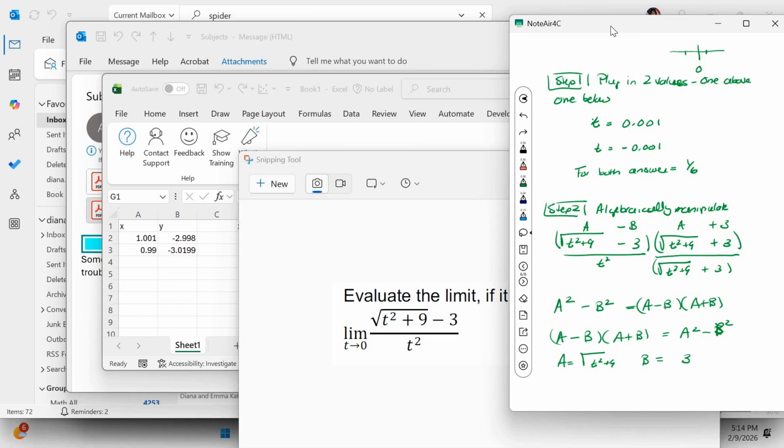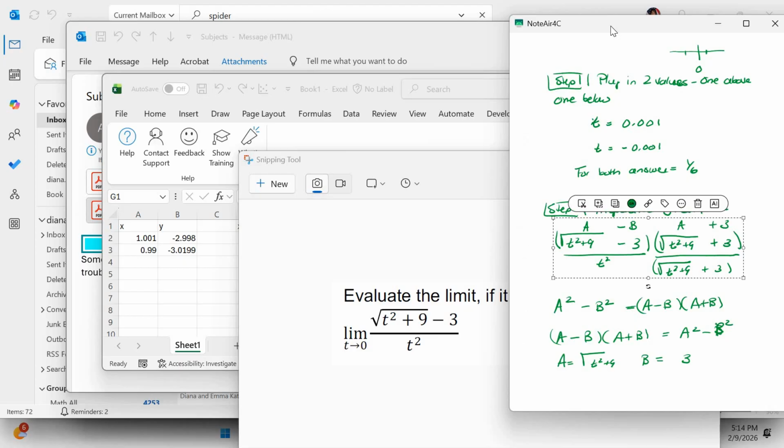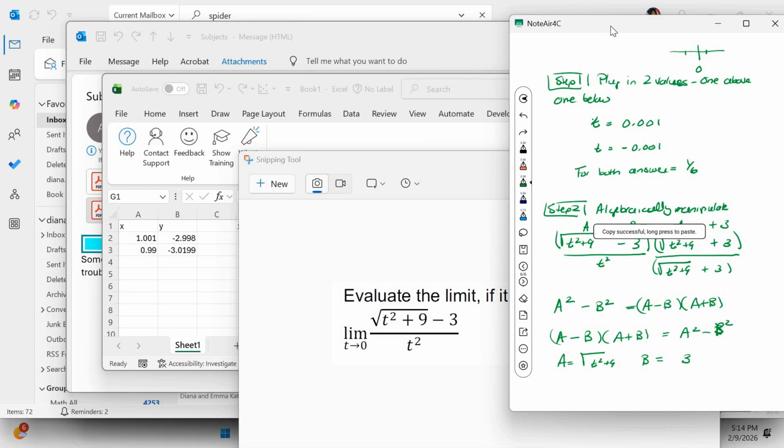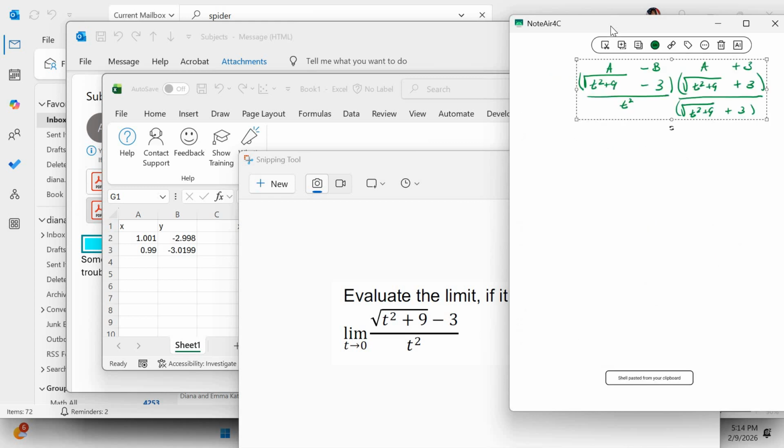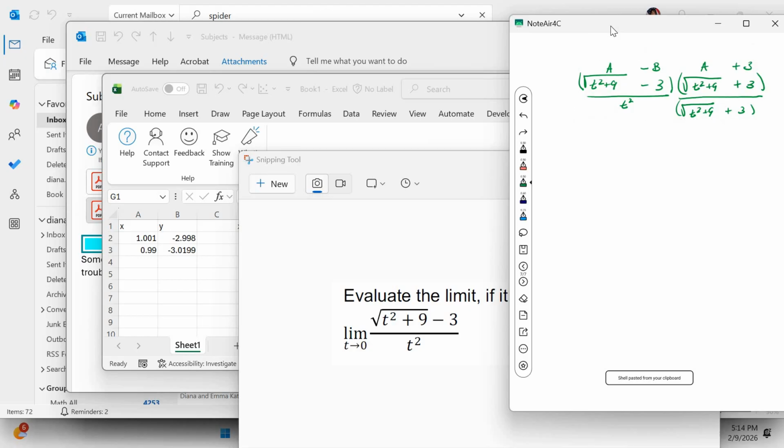So I'm going to pull this over to the other side. Let's do a new page. Copy. Paste. So the top, I don't have to do the math. It's going to be a squared, which is the square root of something squared is itself, minus b squared, which is 3 squared, which is 9.